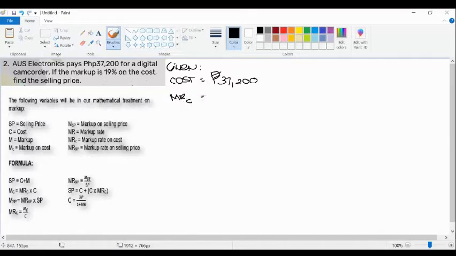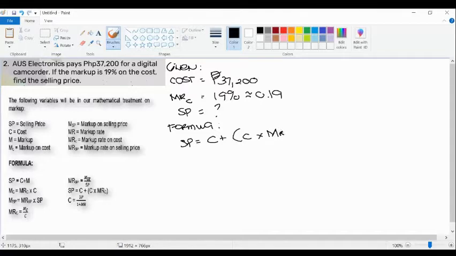So it was stated in the question, that is 19%, or converting this into decimal, that is 0.19. So the question is, find the selling price. So what will be our formula? That is, selling price is equal to the cost plus cost multiplied by the markup rate on the cost.